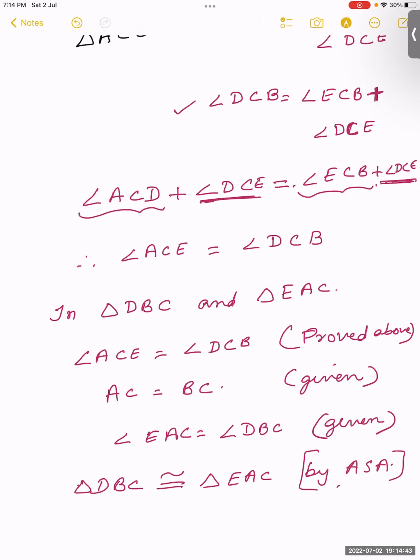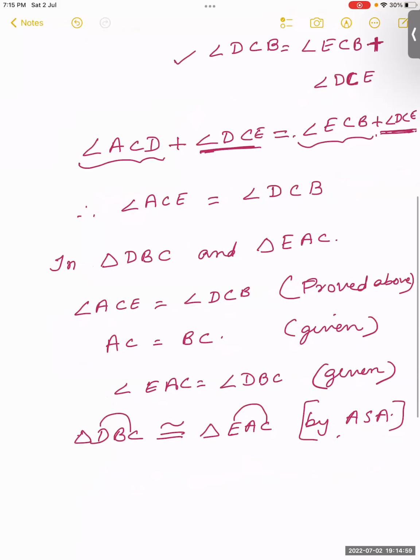Okay, I hope this is clear to all three of you. And then they have asked for one more thing, that DC and EC are equal. That you can take from the congruency, right? Therefore, DC is equal to EC by CPCTC.